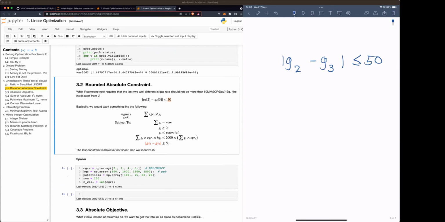Okay, let me give you a hint. We want to make this guy linear. If I know that the absolute value of G2 minus G3 is less than or equal to 50, what do I know about G2 minus G3?